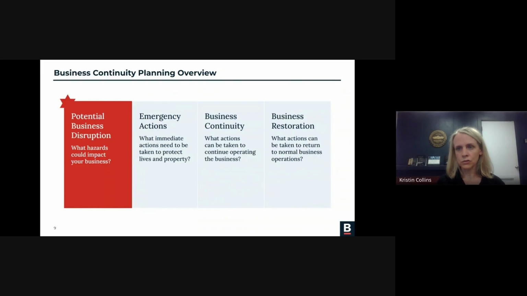Then we'll get into what immediate actions need to be taken to protect lives and property. Then we'll get into what actions can be taken to continue operating your business in less than ideal conditions. And then finally, how do you return back to normal operations after your business has been impacted by a disaster, emergency, or some type of disruption?